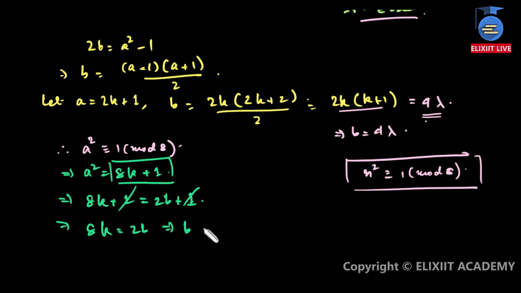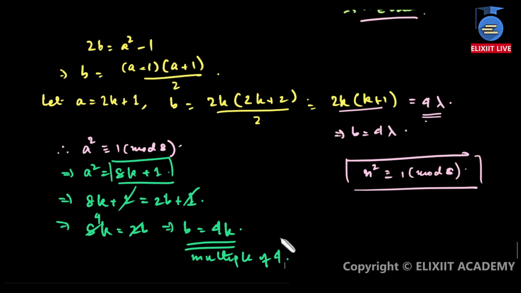Which means b is of the form 4k, a multiple of 4. Which means that b is divisible by 4, that is, 4 divides b.